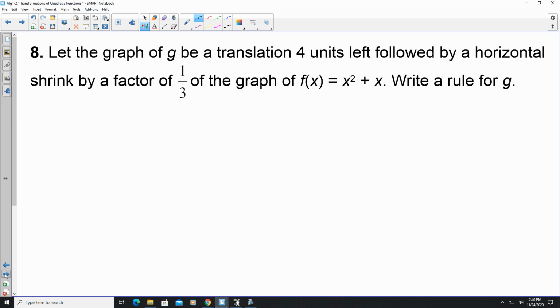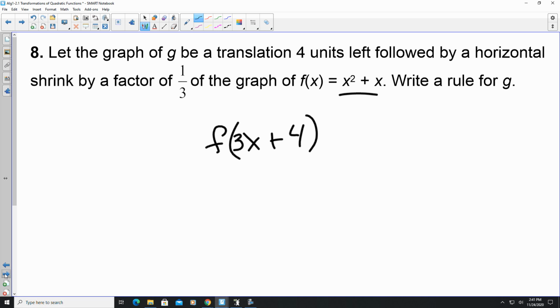All right, so last problem in the notes. Here they're telling us we have a translation of 4 units to the left. We have a horizontal shrink of 1/3, and we're using this function. So with this, we're going to have a function where we have x, and then it's moved to the left, so it's going to be x plus 4, but it's a factor of 1/3, so 3 gets placed here.